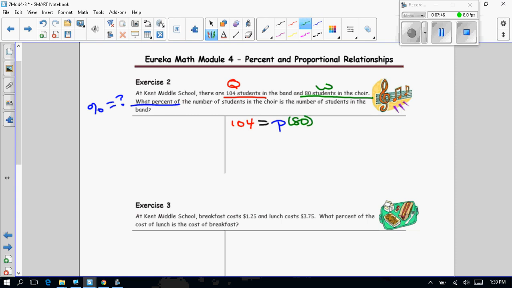Now in order to solve, I'm going to divide both sides by 80. The 80s on the right-hand side cancel, and I'm left with P. 104 divided by 80 is 1.3, or 130%.